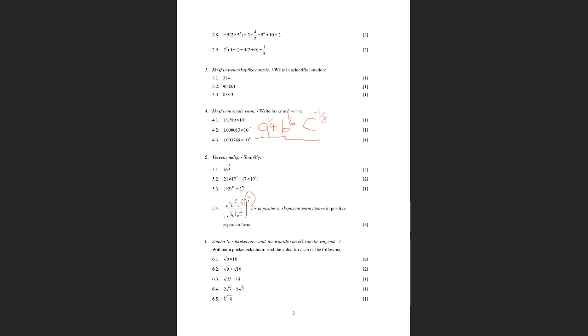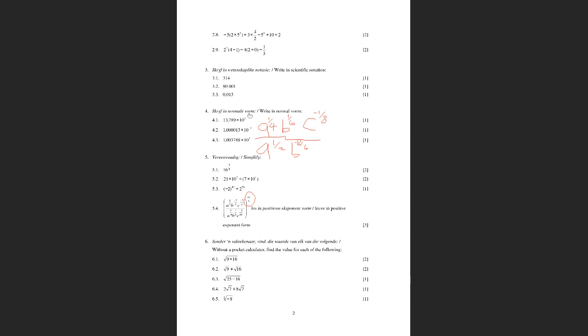Then it's going to be over a, 1 over 2, b, negative 2 over 3. We are flipping.